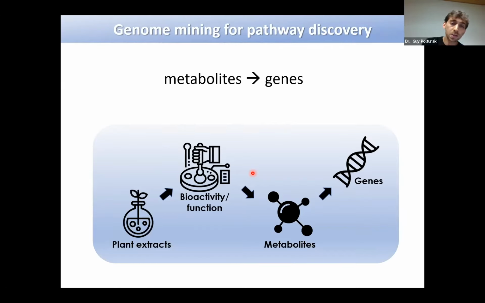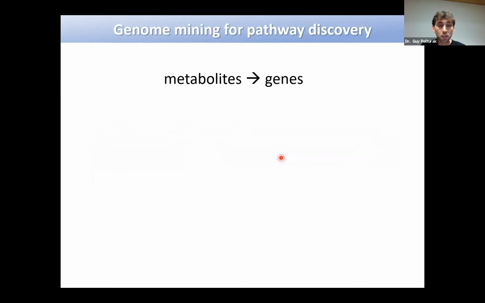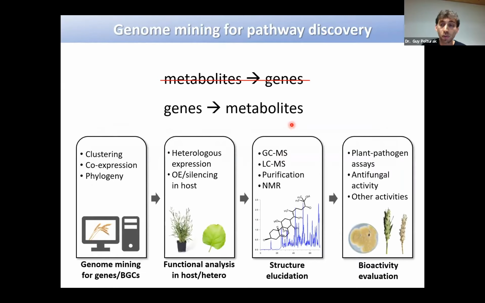But this phenomenon of gene clustering allows us to take a sort of reverse approach, in which we first look at the genome of a plant of interest to look for interesting looking gene clusters, in the hope that these gene clusters will eventually lead us to interesting metabolites. This approach, which is sometimes called genome mining, is quite prevalent in microbiology, for example, for searching for novel antibiotics, but only now is emerging as a valid approach to elucidate new plant chemistry.